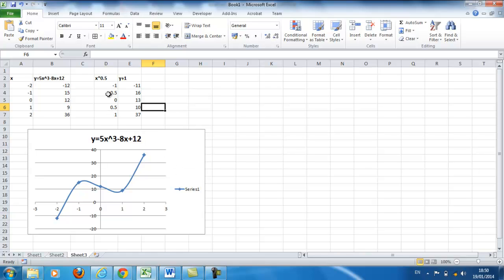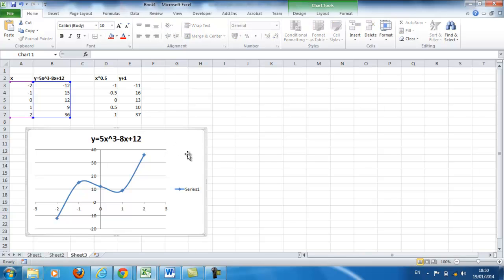So basically this is the same graph, except the only difference is we've transformed it in the x direction and in the y direction. In the x direction we've multiplied each value by half, and the y we've added on 1 unit. So the shape remains the same, it's just that the graph is either going to be stretched or shrunk or moved in some way or another.